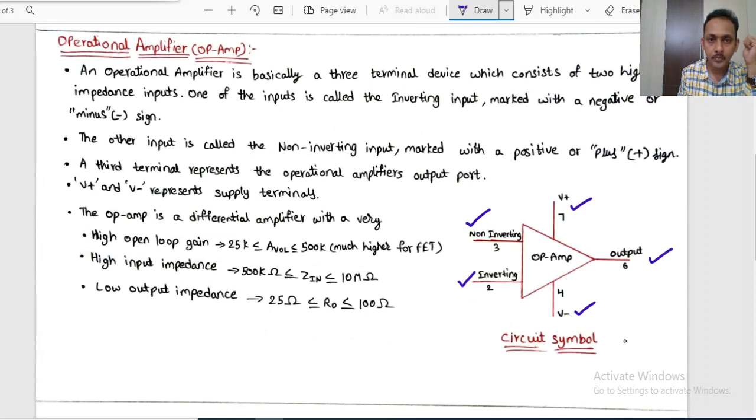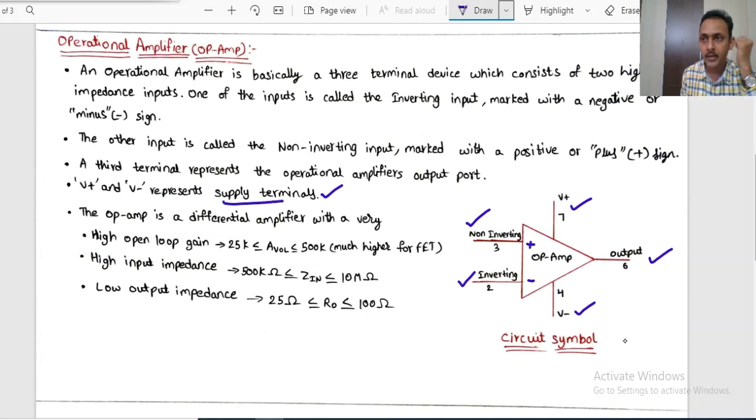For example, here the inverting terminal is to be marked as negative, minus, and the non-inverting terminal will be marked as positive. V plus and V minus represent the supply terminals.